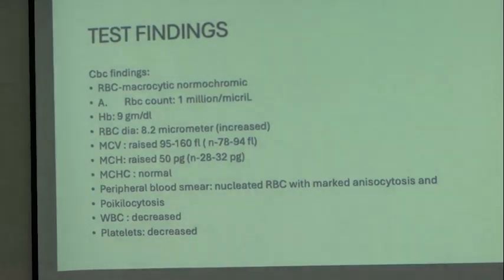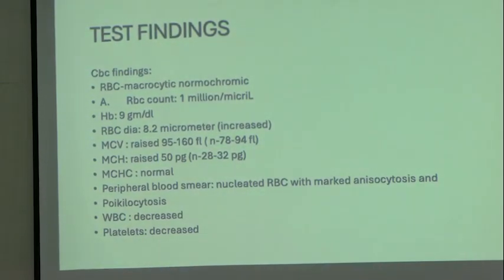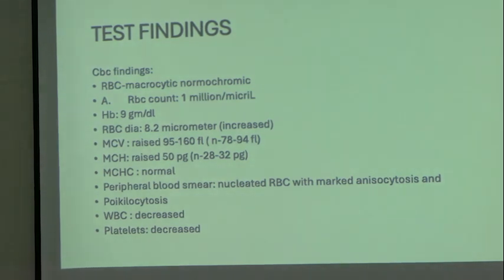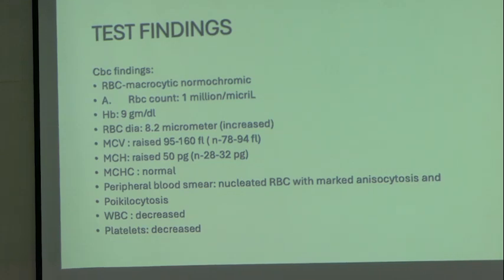The size of the RBCs, the mean corpuscular volume, is increased. The upper limit is 94, but it is more than 95. So the size is increased, that's why you call it macrocytic. And in relation to the cell, hemoglobin content though it is normal, that's why it is normochromic.